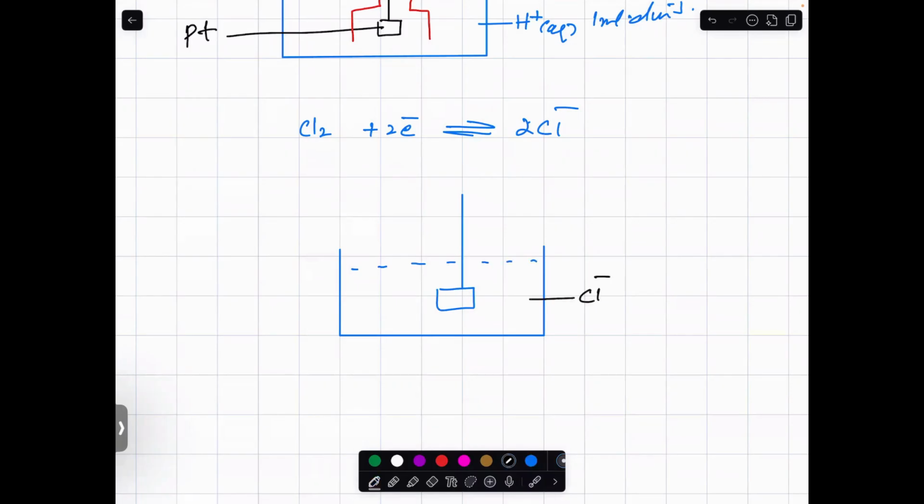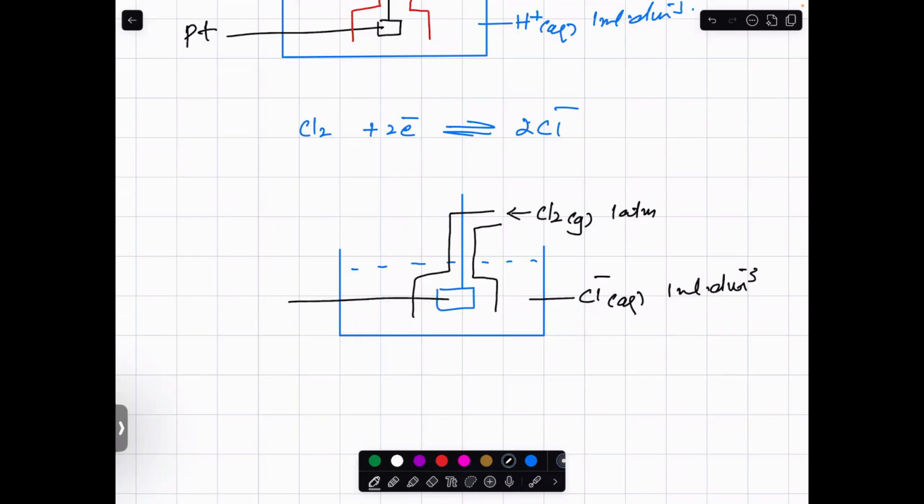This is chloride, aqueous, 1 mole per dm cube. I'm not touching the bottom of the beaker. This is chlorine gas, 1 atmospheric pressure.